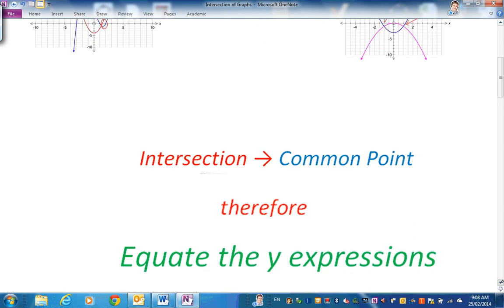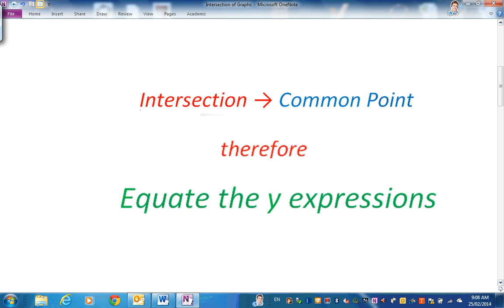Here's the answer. An intersection is a common point, therefore you want to find that by putting the two y's equal, because at that common point the y calculated from one formula should equal the y from the other, and so should the x's.